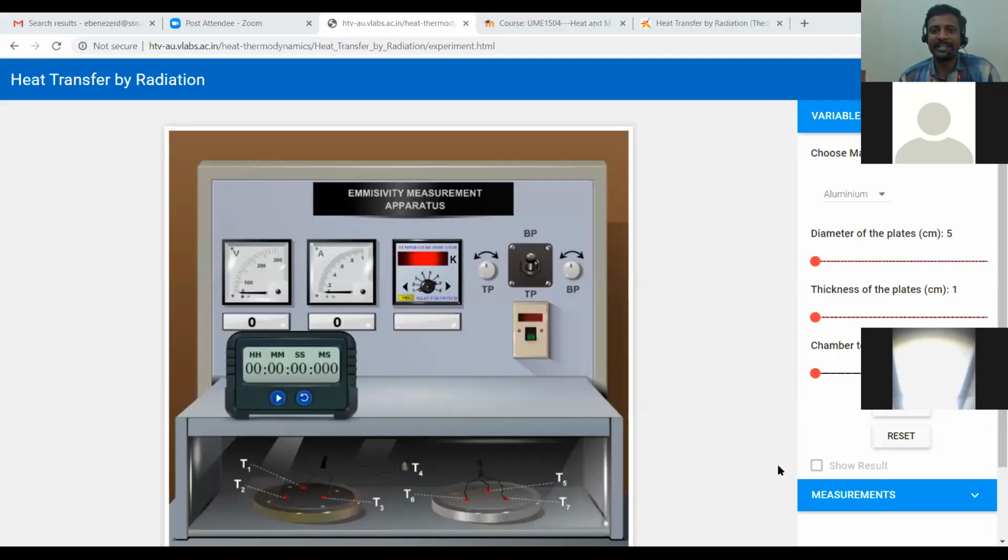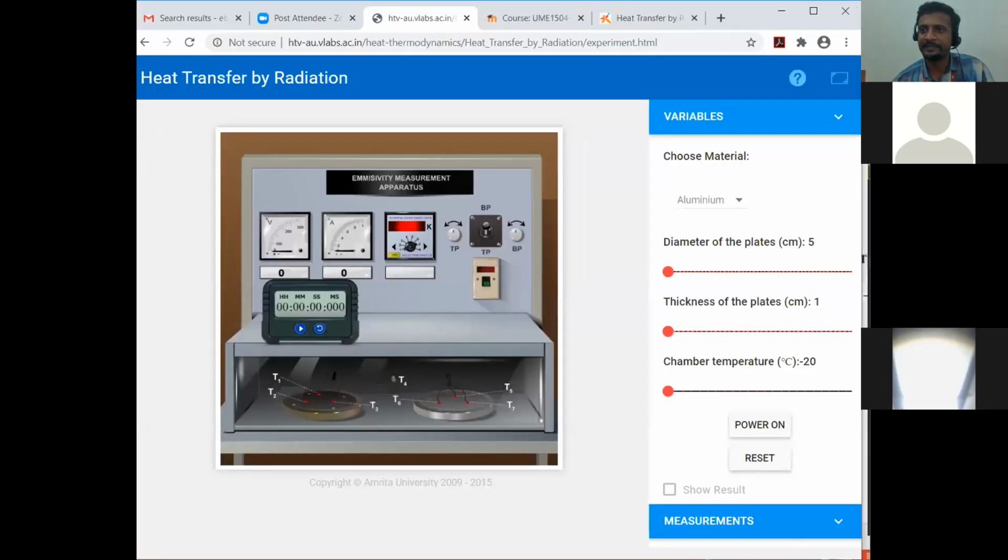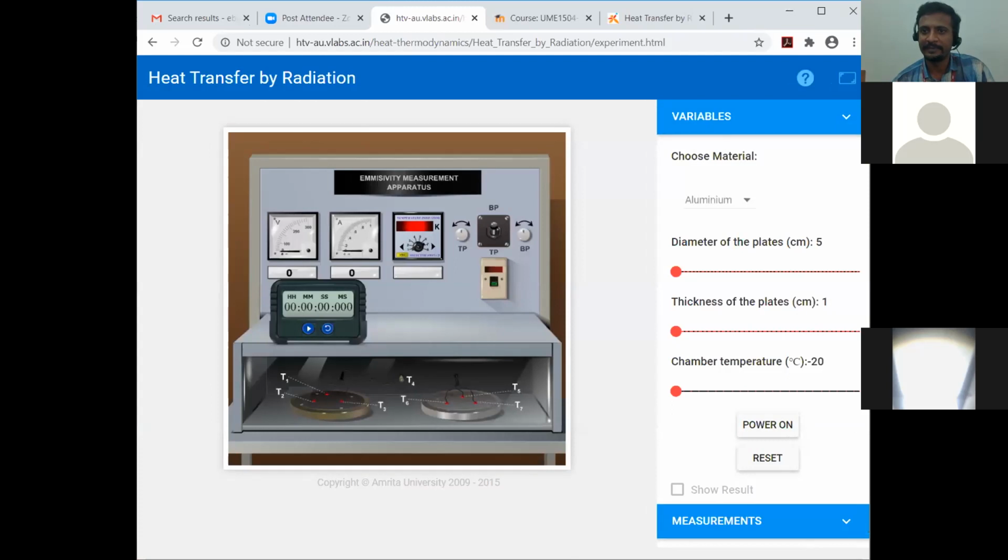We have just finished half of it. Now this is your simulator. Hope you can see it. Okay, this is much better. Hope you can see that.